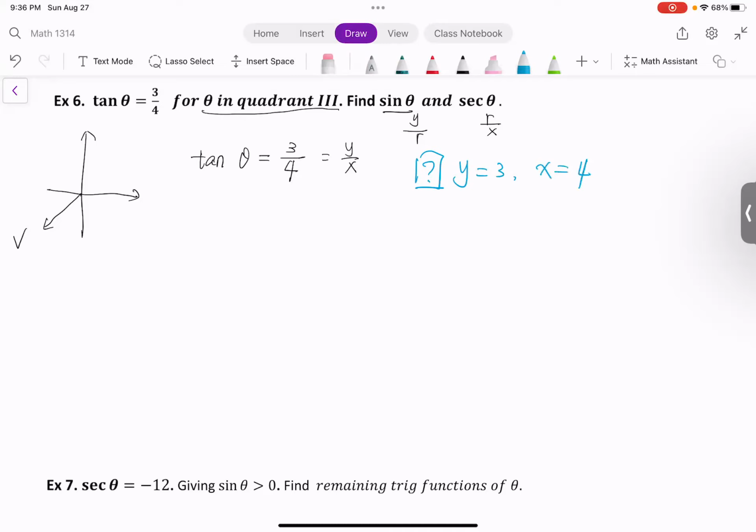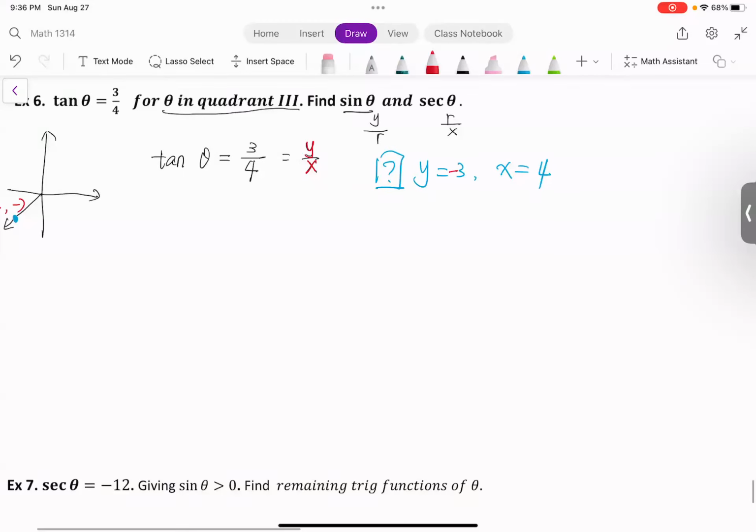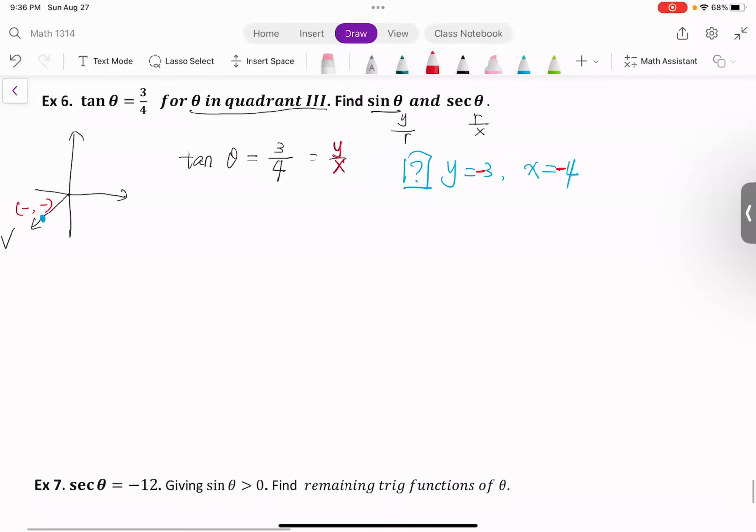No, because in the third quadrant, every point, the x is negative, y is negative. So y over x is positive because both of them are negative. That means I must put a negative sign for 3 and 4. That's the value for the x and y.